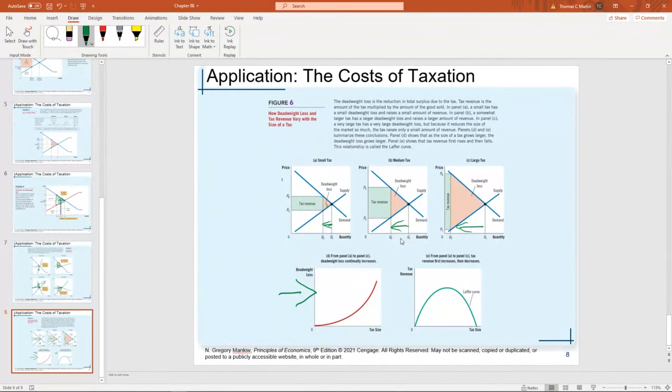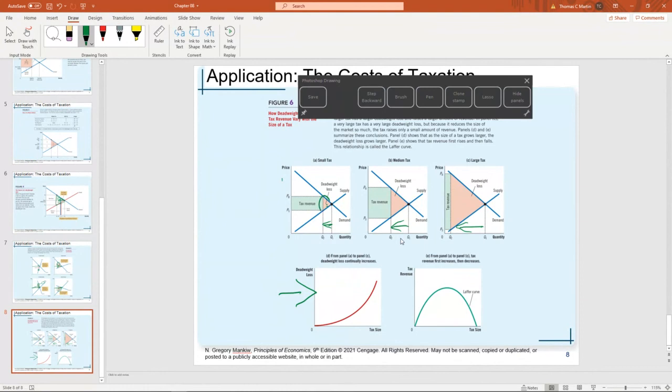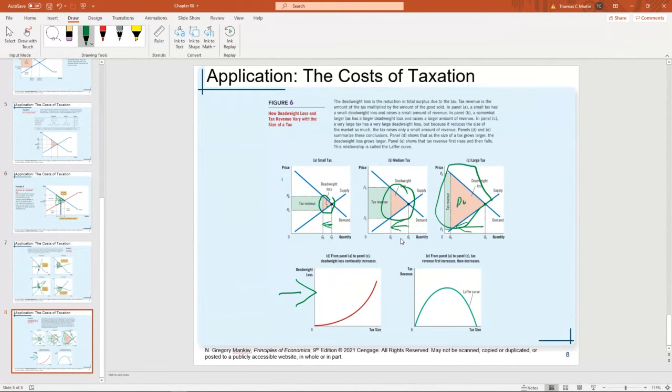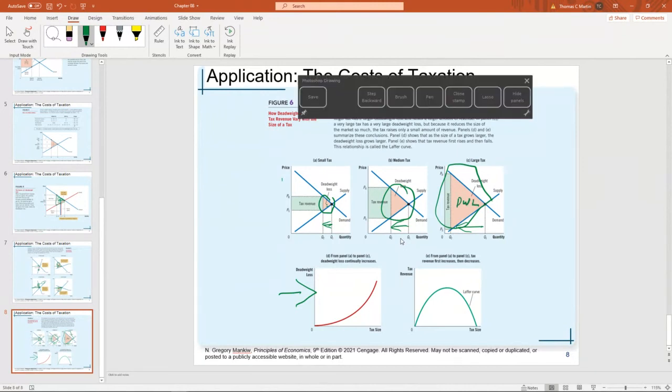All we have to do is refer to what's going on up here. Here, here, and here. This area in the middle is our deadweight loss. And we can see it grows from the first graph to the second graph to the third graph.